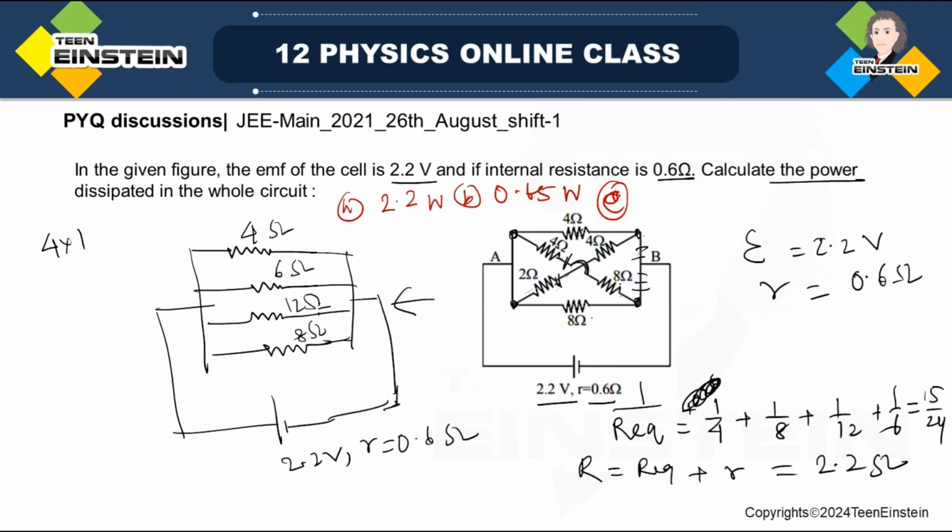Option C was 4.4 watt, and option D will be 1.32. So among all these, we have got the first one. So the first option will be the answer for this question.